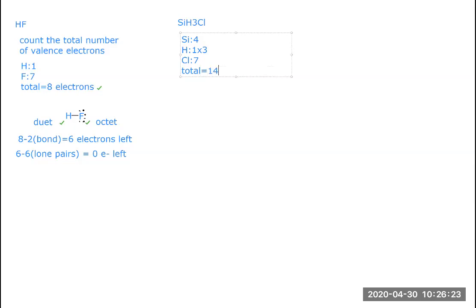So 14 electrons. And the way I will write electron is just e with the negative charge, that means electrons there, okay? So that's our total number of valence electrons.